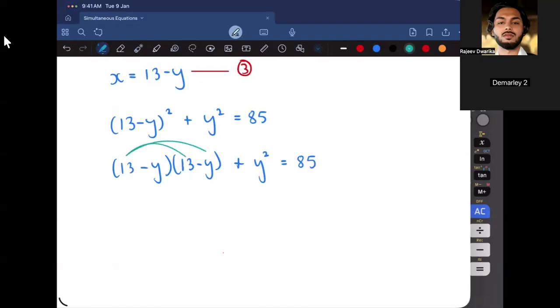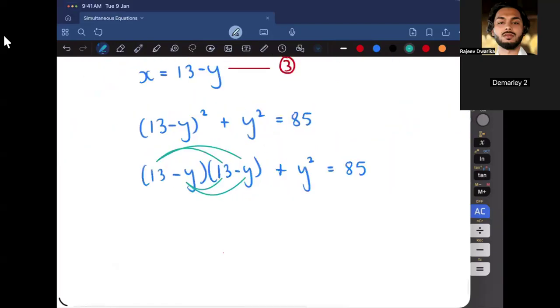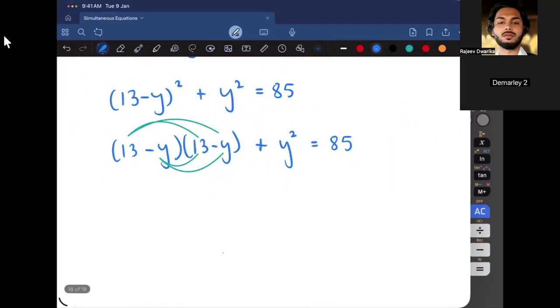So we're going to expand this. What is 13 by 13? 13 squared, so that'll be 169. And what is 13 by minus y? 13 by y is 13y.